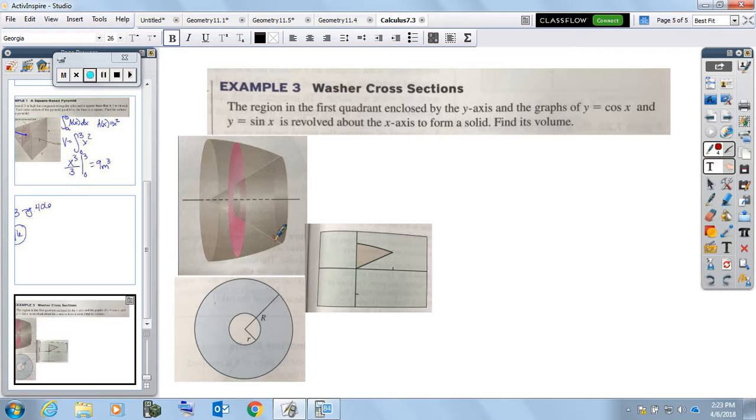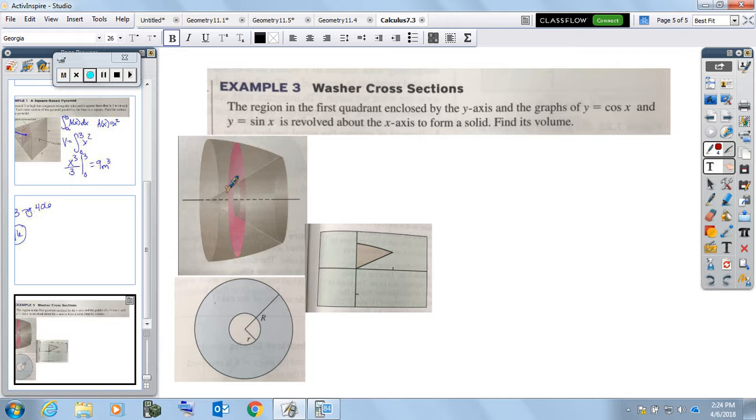All of these curves have now created a solid of revolution by rotating around the x-axis. And as you can see on the inside, this cone that I'm outlining right here is what's empty.